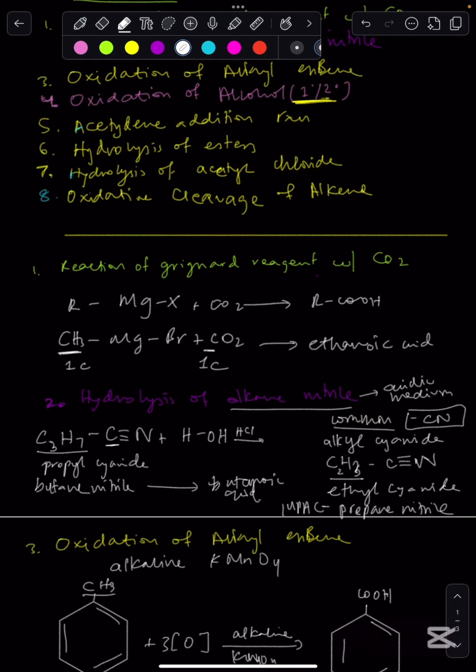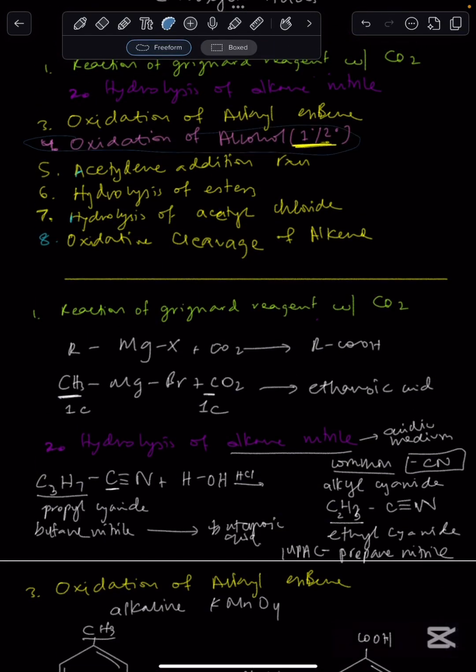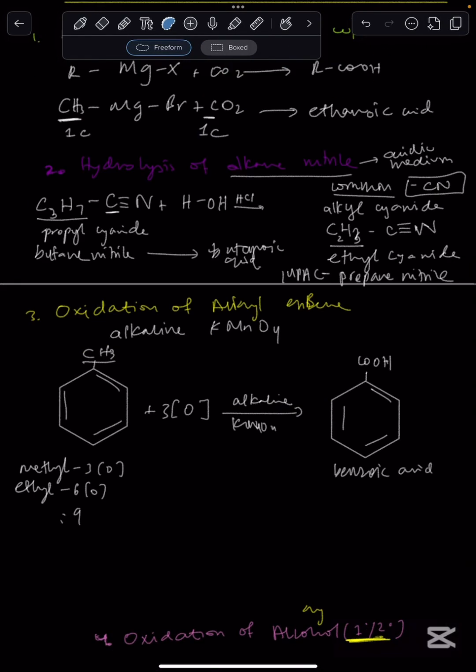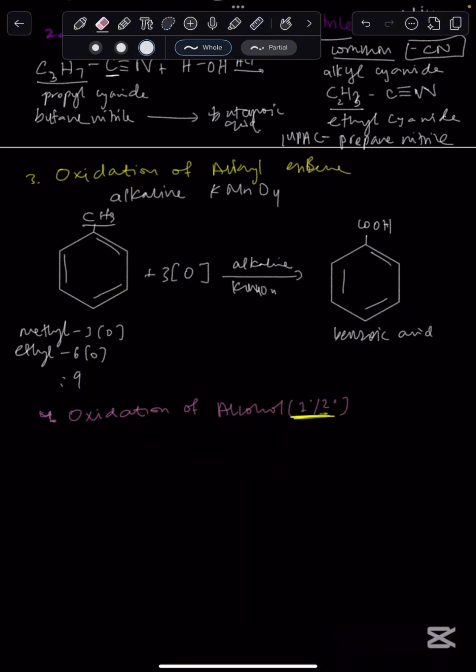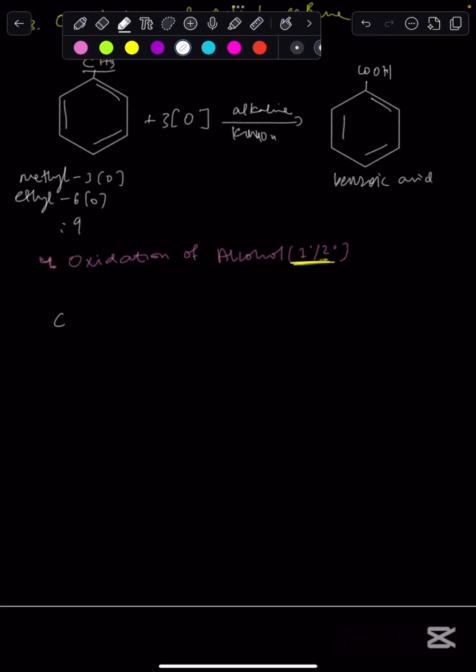And now moving on, we have the oxidation of alcohols, be it 1 degree or 2 degree alcohols. So if we take alcohol, for example, methanol, ethanol, which is a 1 degree alcohol, we see that it reacts with oxygen. The oxidizing agent used is K2Cr2O7 in the presence of concentrated H2SO4.